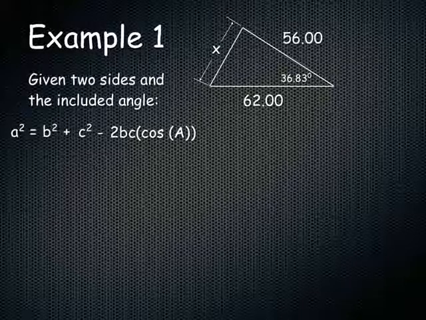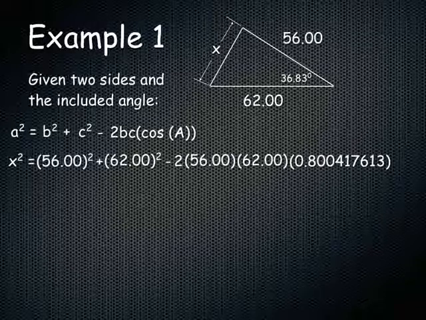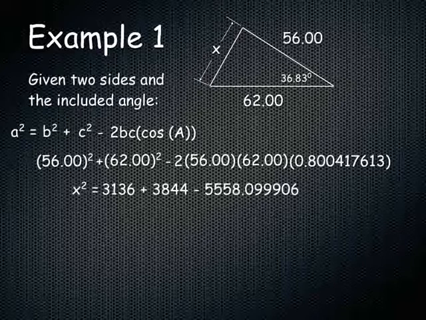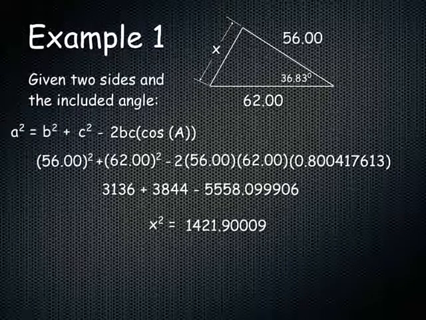And the law of cosines in this case says that a squared equals b squared plus c squared minus 2bc times the cosine of A, angle A, that is. So if we're looking for x in this case, x will replace A. So we substitute in the values, solve, and we find that x squared equals 1421.90009.